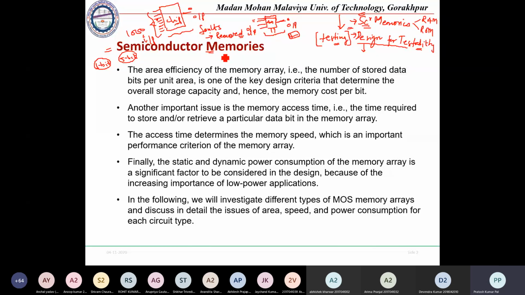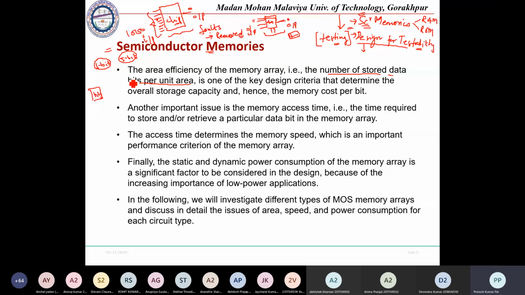It could be the number of bits stored per unit area. So the number of bits stored per unit area gives out the efficiency or the performance of memory. If this much area is there, how many bits can it store? Okay, this will give out the efficiency.